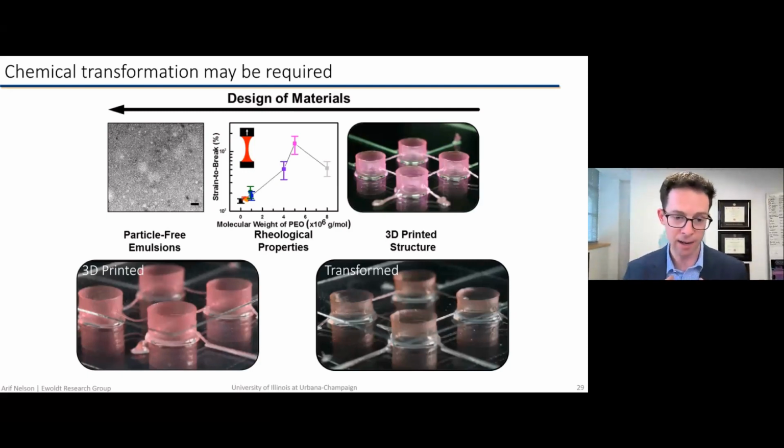And to my mind's eye, magically, these dispersed droplets of oil find a way to coalesce enough to form a continuous network. It doesn't look like it's just a bunch of little spherical elastomers. It really looks like it's a continuum of elastomer that results. And in my mind's eye, again, it's kind of magical how Brittany was able to make that happen.